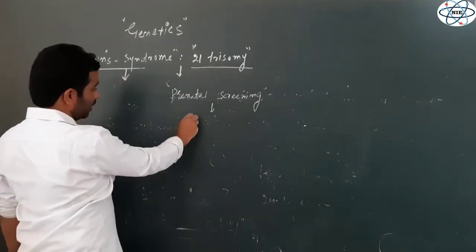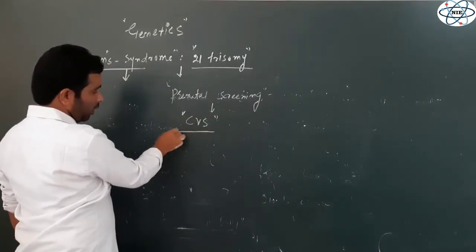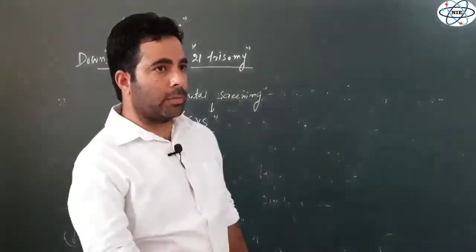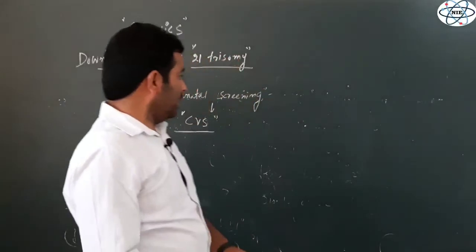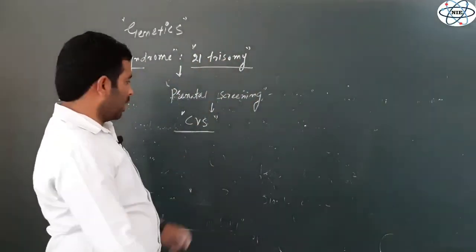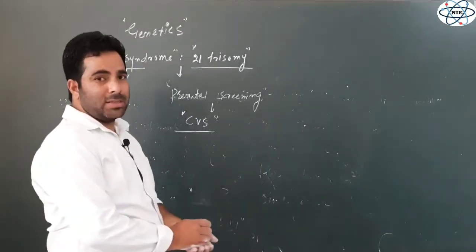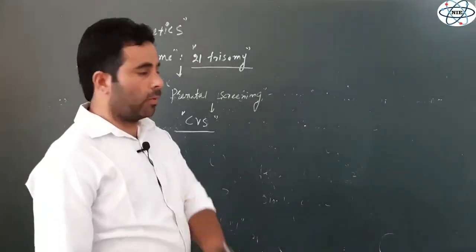In prenatal screening we can use some techniques. For example, chorionic villi sampling, CVS, where some chorionic cells are extracted from the embryo, and then the chromosomes of the cells are isolated and karyotyped. After karyotyping, we can see whether the number of chromosomes is correct, or if there is any extra chromosome like 21.